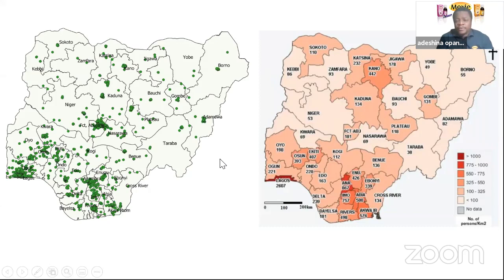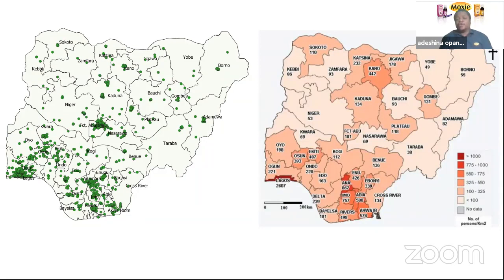Now look at the map on the right here, and that is a map that talks about the population density of Nigeria. So it makes a lot of sense that Lagos has the highest number of pharmacies, because in Nigeria, Lagos has the highest population density.